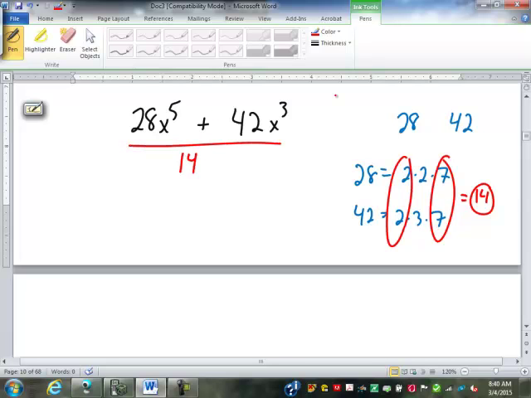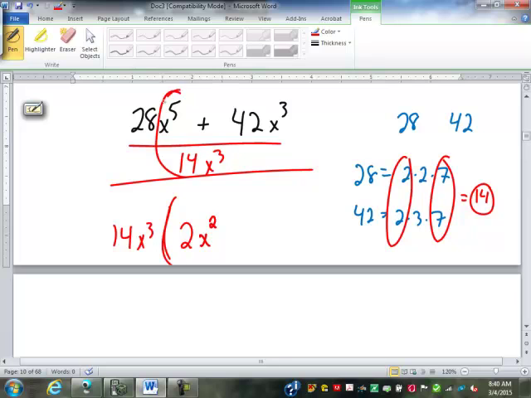For the variable, x to the fifth and x to the third, remember we always take the smaller of the two powers, which is x to the third. So we have 14x to the third as one of our factors. To find the other factor, we're going to divide this out. 28x to the fifth divided by 14x to the third. 28 divided by 14 is 2.